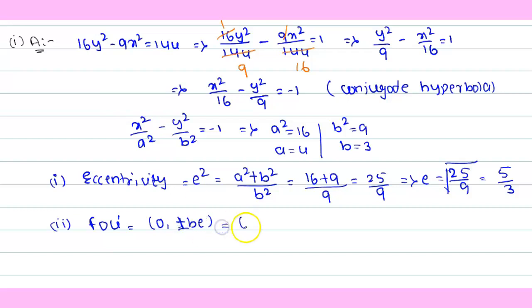So this is equal to 0 comma plus or minus b e. The b value is how much? 3 into e. e, how much did we get? 5 by 3. Here we can cancel 3. So this is equal to 0 comma plus or minus 5. This is the foci. Okay.